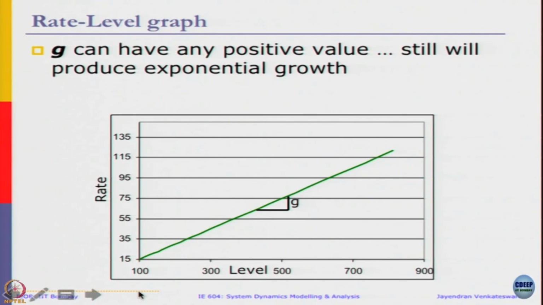Even if this line is like this, or like this, I am going to still produce exponential growth. We call these linear systems, coming from this diagram right here, where you can see that this line itself is linear, which is why the entire system becomes a linear system.